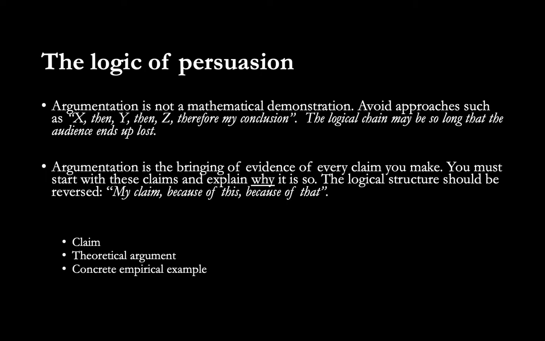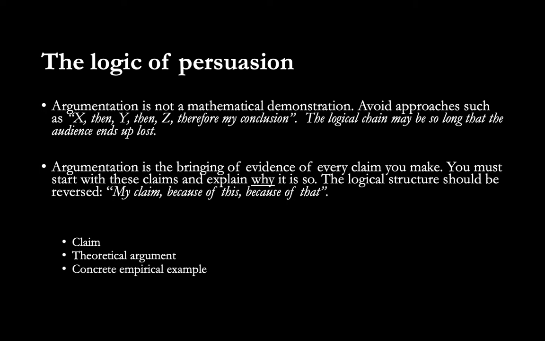First, it's important to understand what it is not. Argumentation is by no means a mathematical demonstration. If you take an approach which is x, then y, then z, therefore my conclusion, you are at a twofold risk.